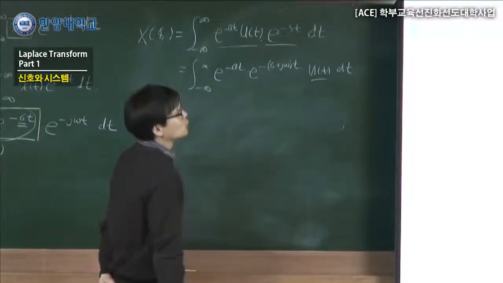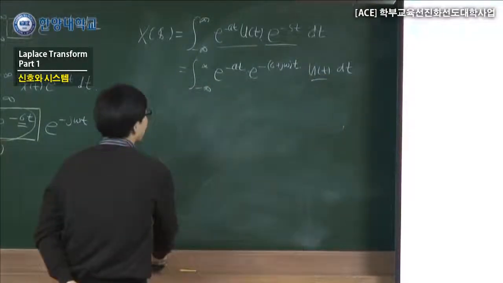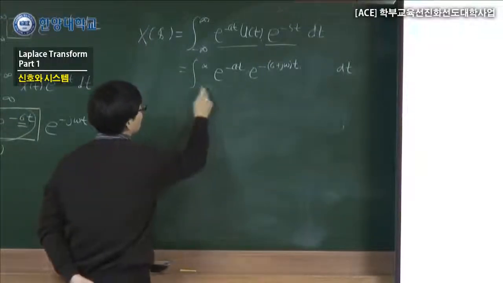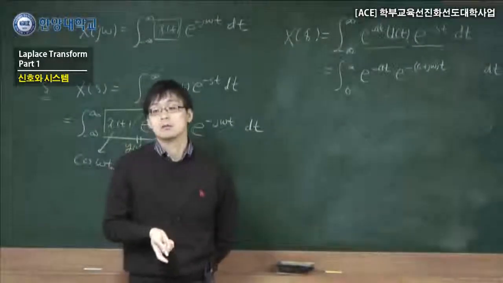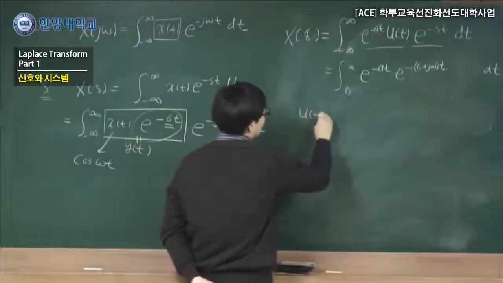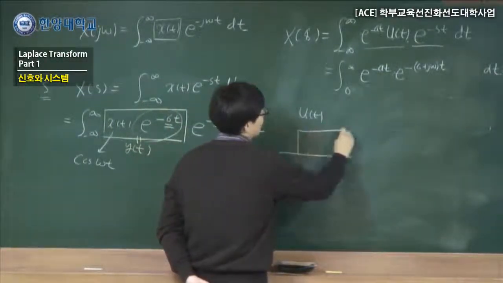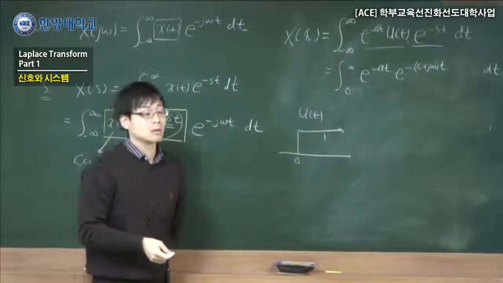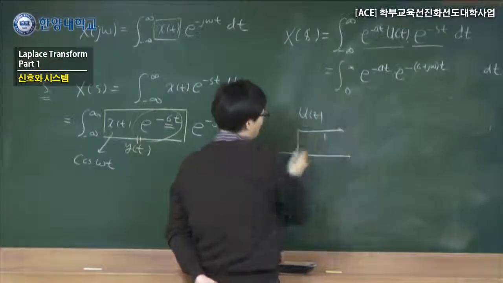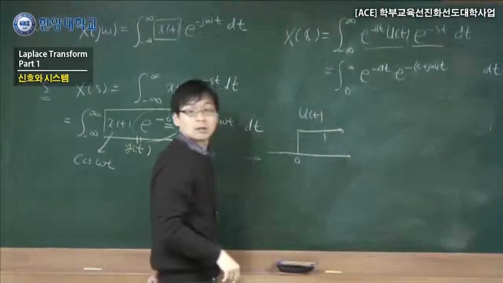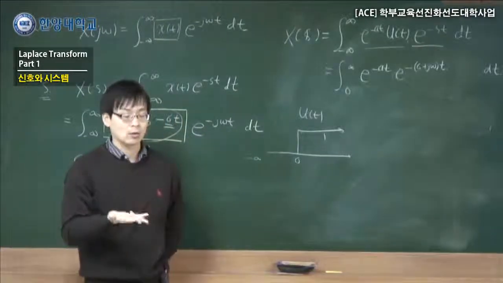But in case of ut, we can ignore that. They become 1 from 0 to infinite. Ut is what? Unit function. They are 1 after 0. So from minus infinity to 0, there's nothing over there, so we don't have to care. That's the reason we can divide them, 0 to infinity.